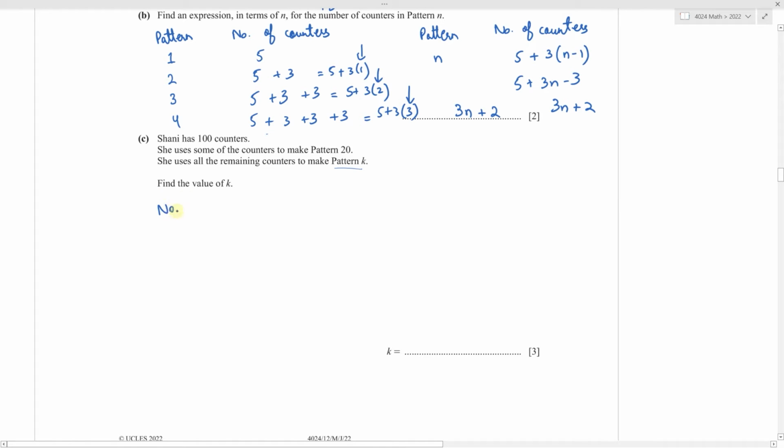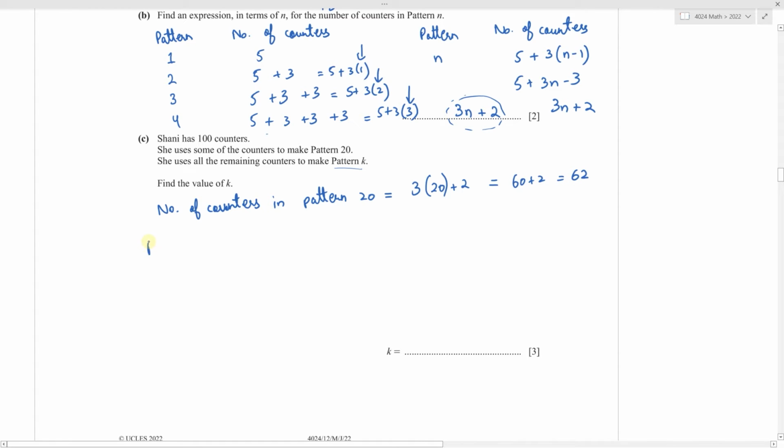So let's first find out how many counters are used to make pattern 20. The number of counters in pattern 20 will be, so you know the formula, 3n plus 2. So n is 20 now. So 3 into 20 plus 2. So this is 60 plus 2, which is 62.